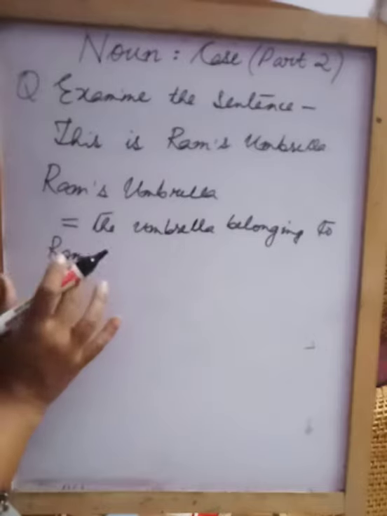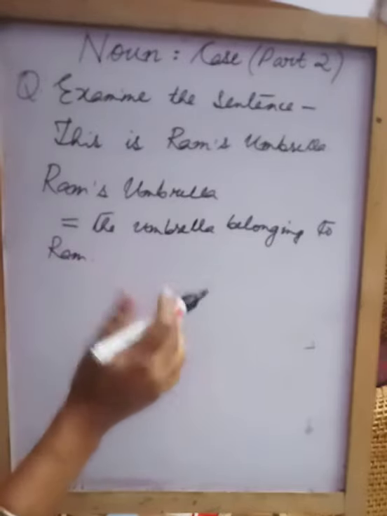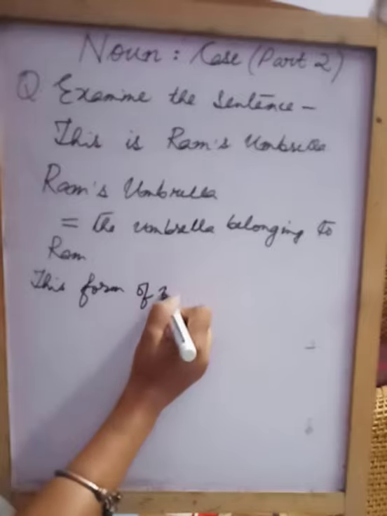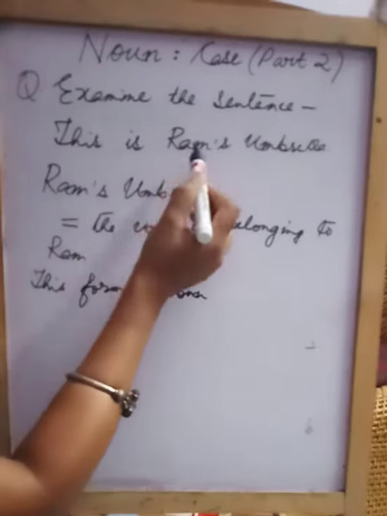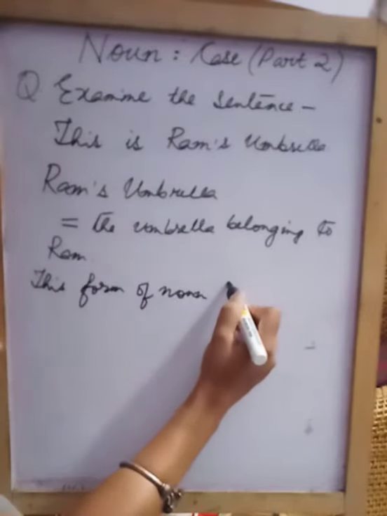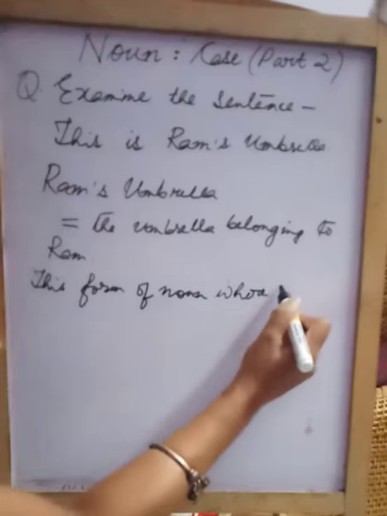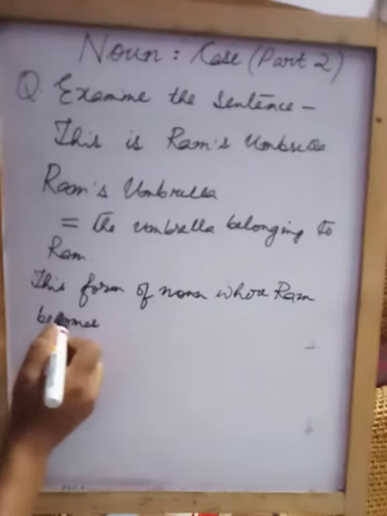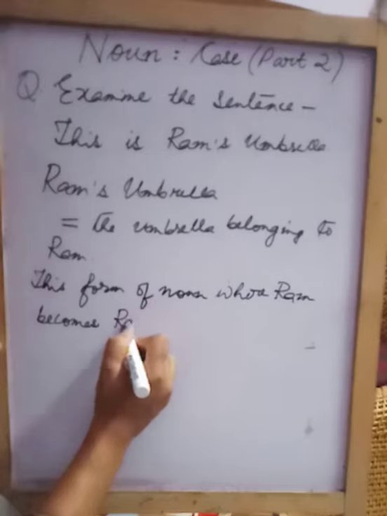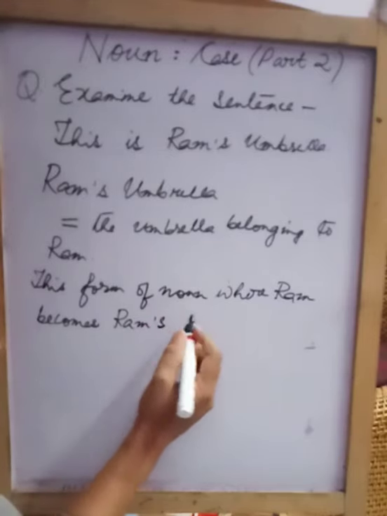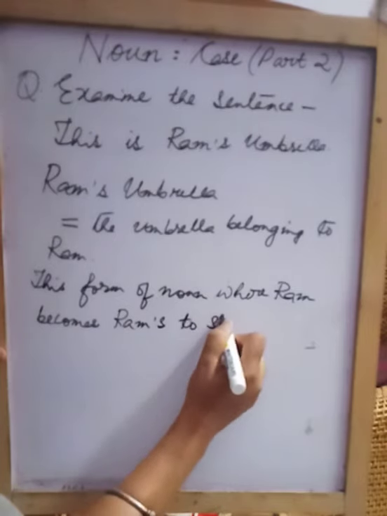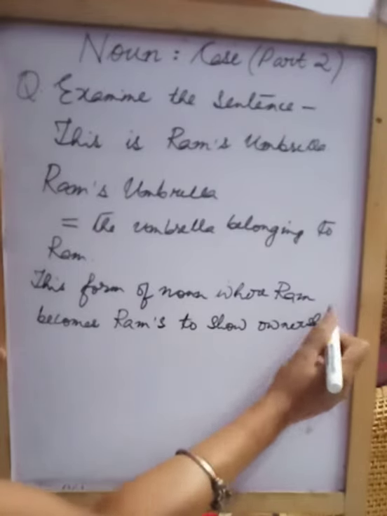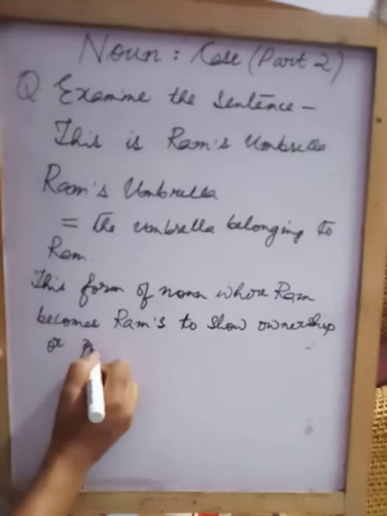So this form of noun where Ram is changed to Ram's, we add an apostrophe S. What does it show? It shows ownership or possession.